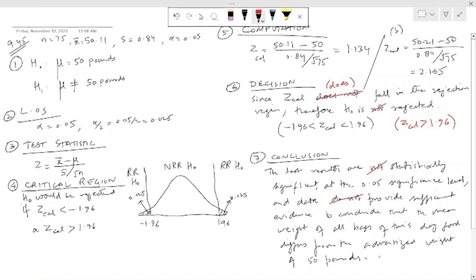You can now understand how your decision and conclusion may change if we observe any changes in the sample information or sample statistic. Okay, so this is how we do it, and that's all for this session.